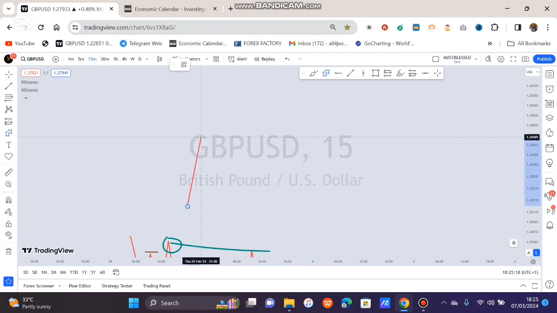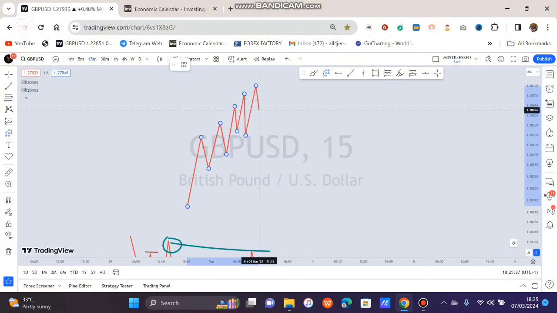If I have this, market is going, and sometimes you might not even be able to see it. It's something like this.